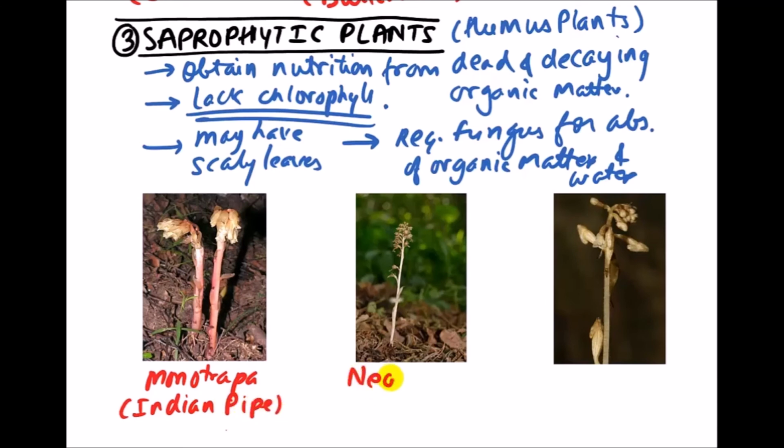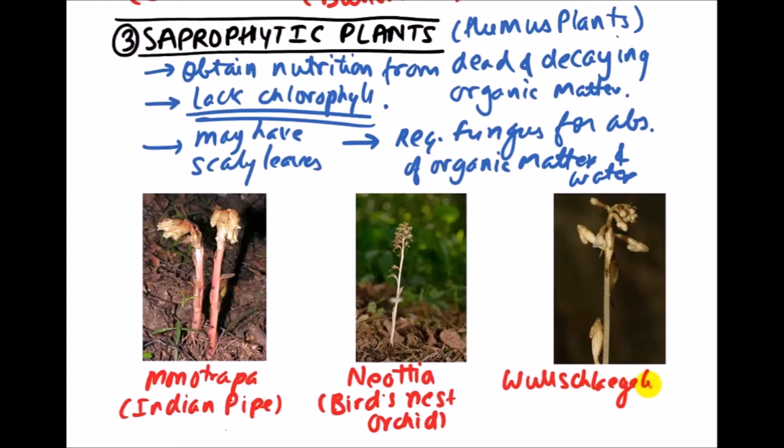This is Neottia. Neottia is also known as bird's nest orchid. This is Wullschlaegelia aphylla. It is again an orchid.